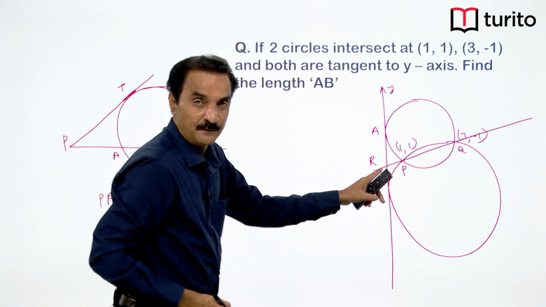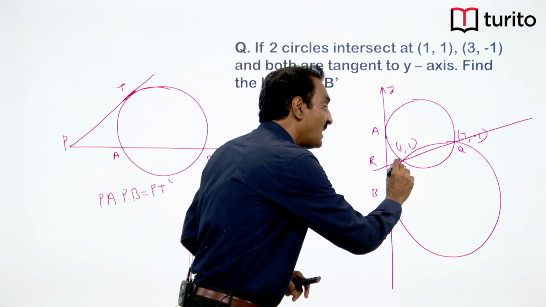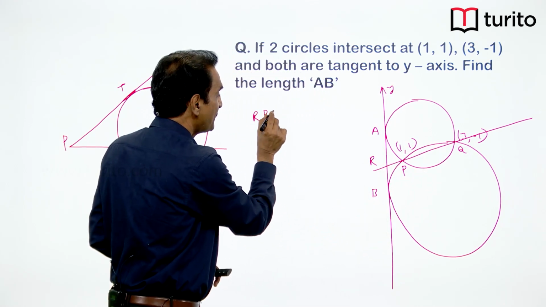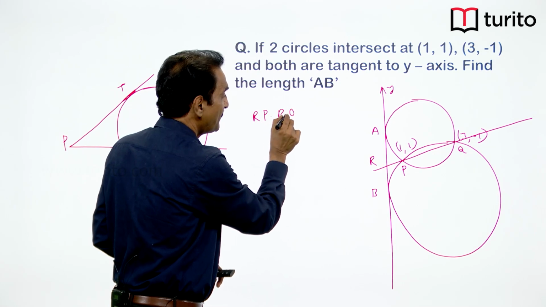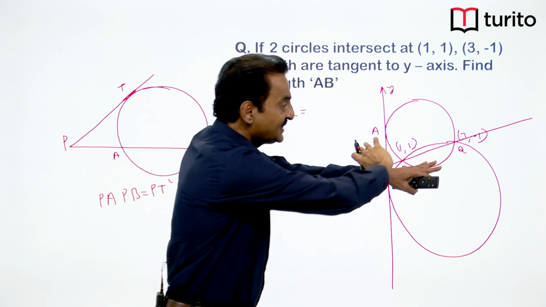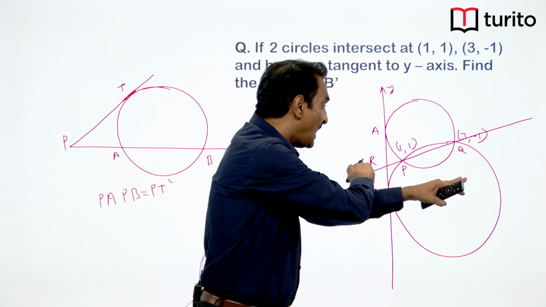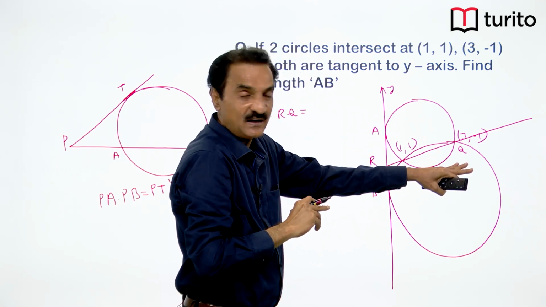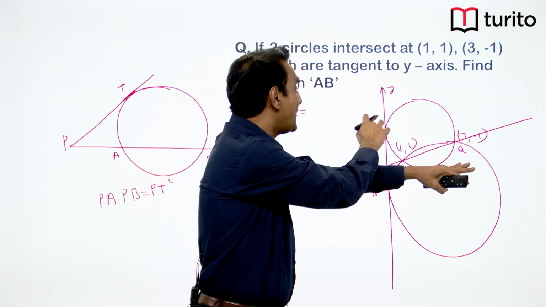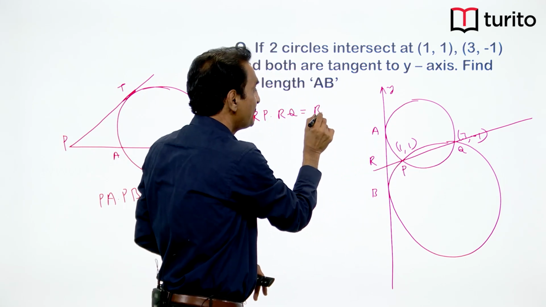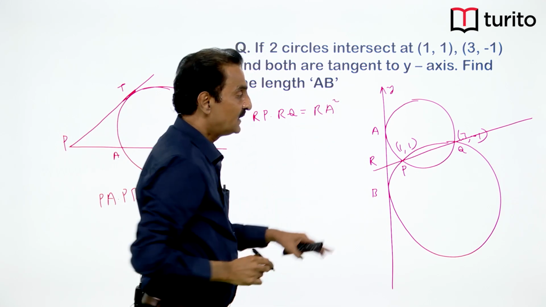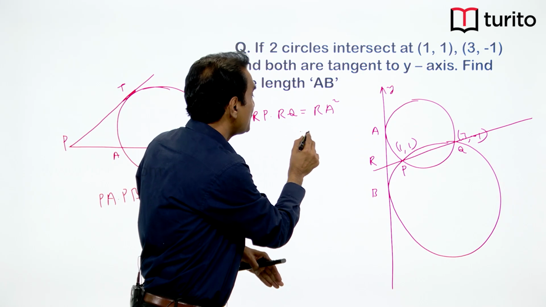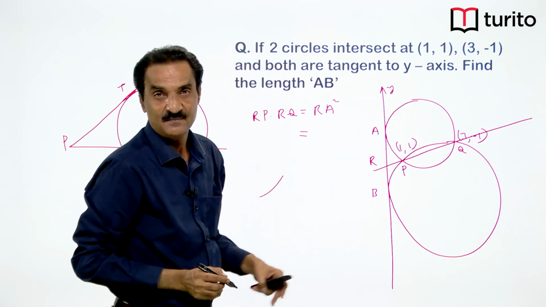Now, for point R, RP into RQ, now consider only one circle, with respect to this first circle, RP into RQ is equal to RA square. Now, with respect to the second circle, RP into RQ will be RB square.